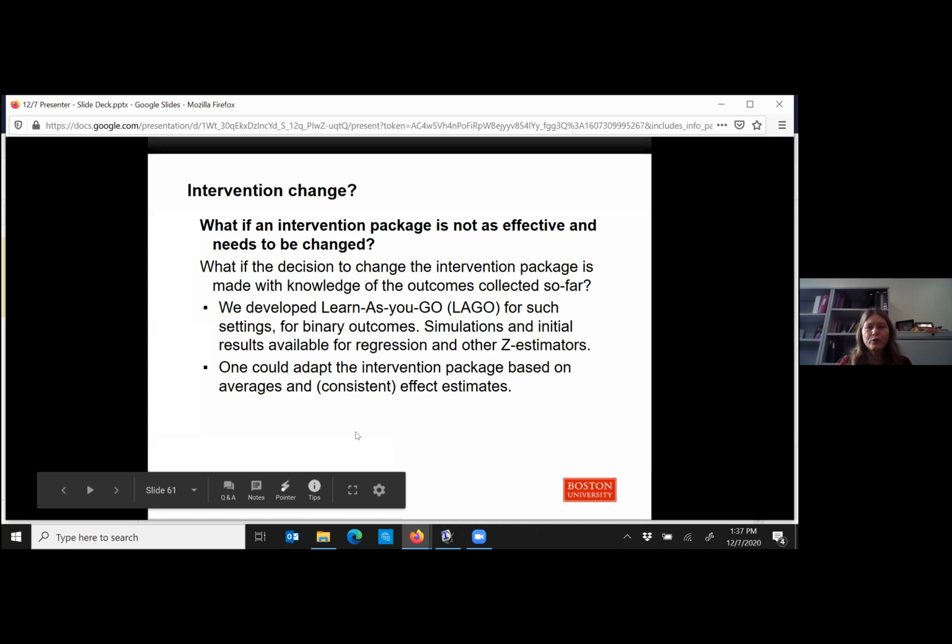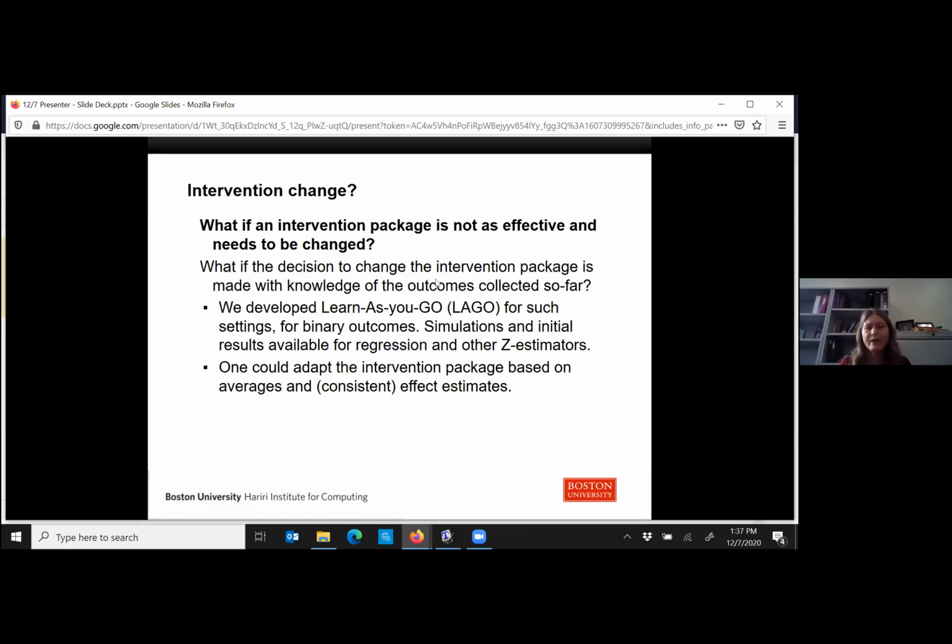It is also possible that the decision to change the intervention package needs to be made with knowledge of the outcomes collected so far. For this setting, Daniel Neville, Donna Spiegelman, and I have developed what is called Learn as you go, or LAGO methods. And Eric has already referred to that when he introduced me. These are adaptive designs for settings such as this, and we have originally developed these methods for binary outcomes.